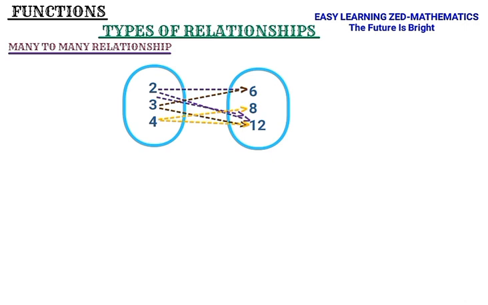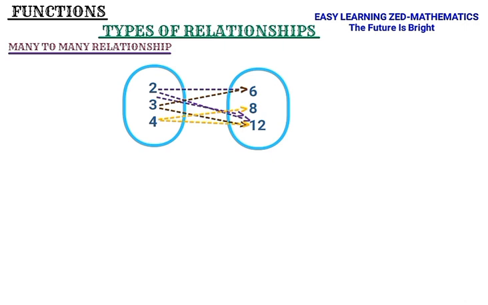But still, that doesn't change the name of the relationship. It would still mean many to many, even if there was 1 which connects to only one number, or there was 6 which can only have 1 connection. As long as the other numbers are connected to many, it will be many to many. As we go on, I'm going to illustrate more on that so that you can understand.